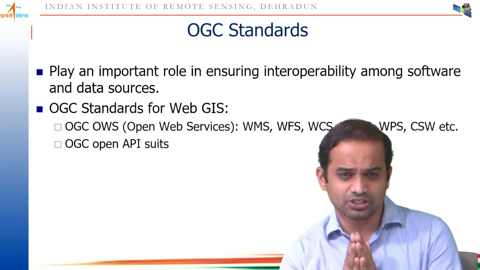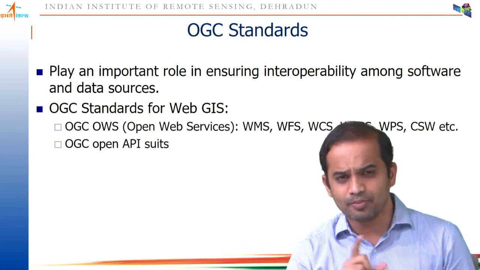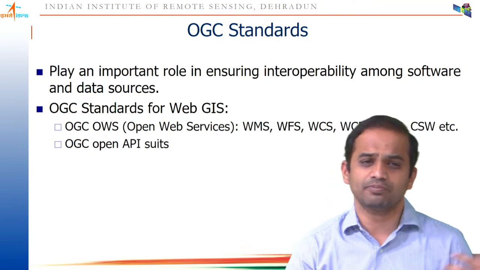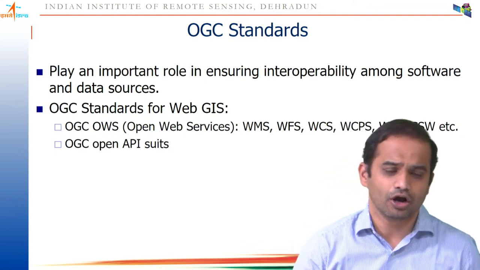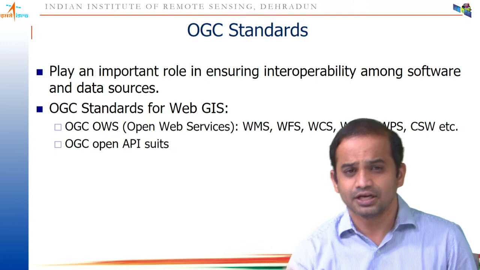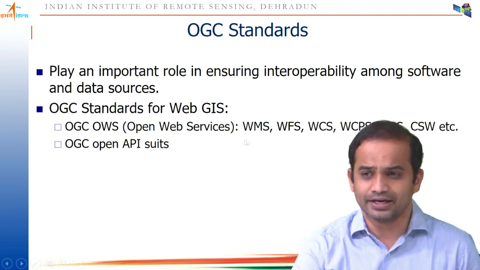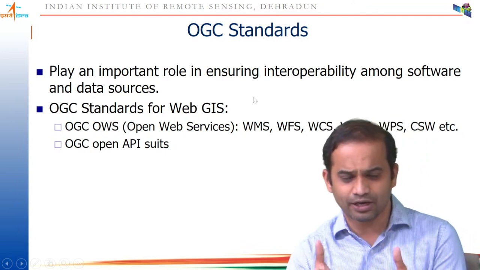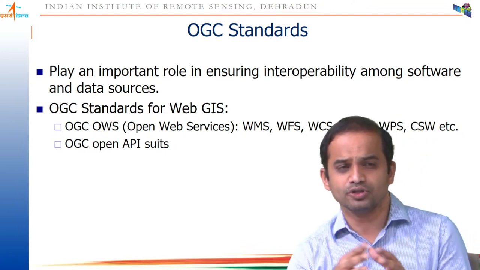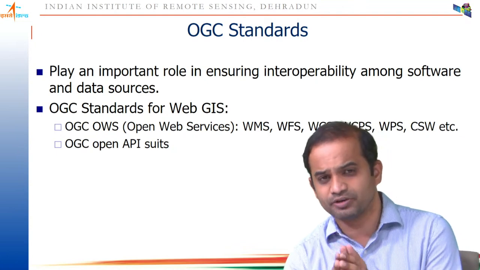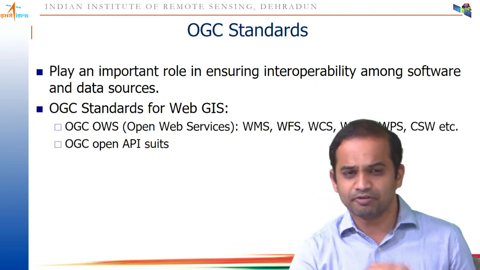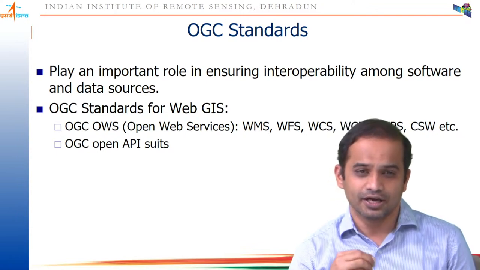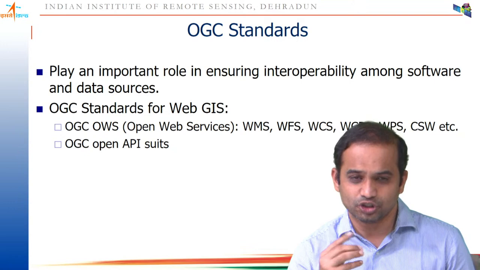So what is the advantage of these standards? It means whenever I am communicating between systems, or between a client and server, irrespective of what my client is built with or what my server is, the communication will follow a common standard, and that standard is made by OGC. Similarly, you might have noticed that most open source or proprietary software supports different file formats like shapefile, GeoJSON, SpatiaLite, GeoPackage.